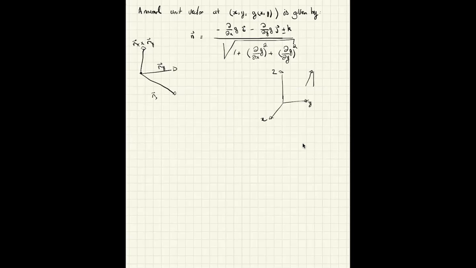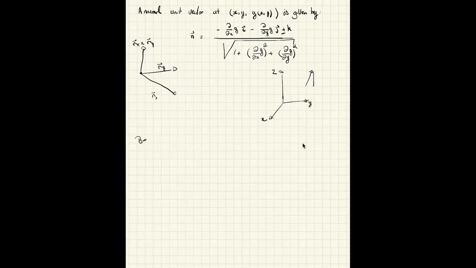We're going to call this one the upward orientation, where there is a plus k. Remember that minus n is also a good choice for the normal vector, but it's going to give you minus k. So when you have a question where you take the surface with the upward orientation, it means that when you evaluate the normal vector at a point, take this one. Don't take the other one, which is the minus k.